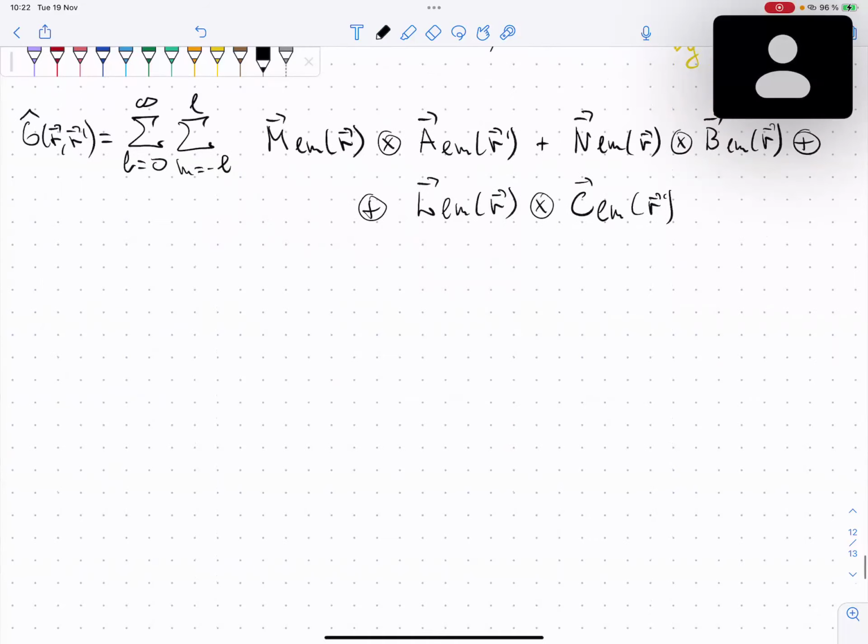And basically to get these coefficients, you do the same thing.